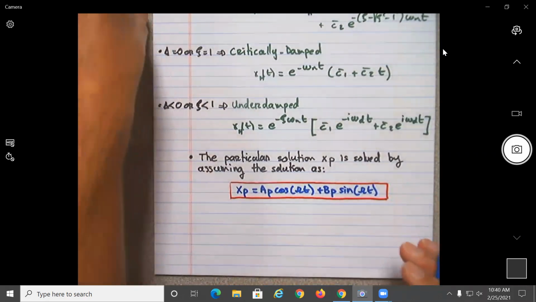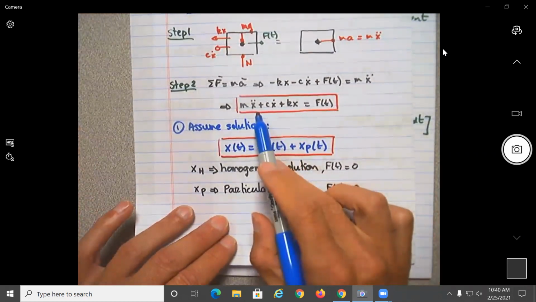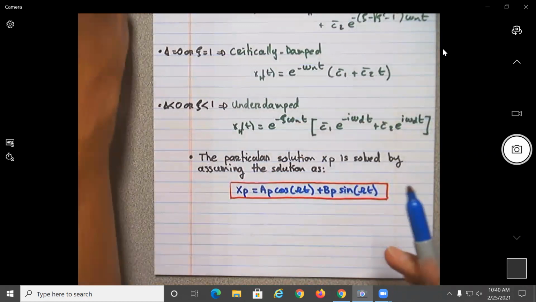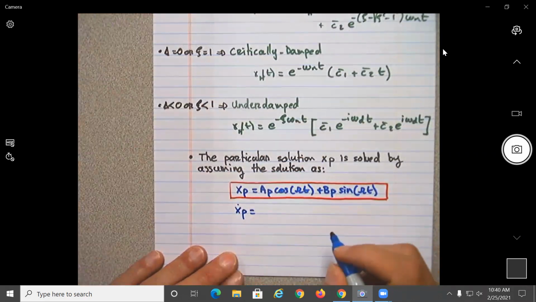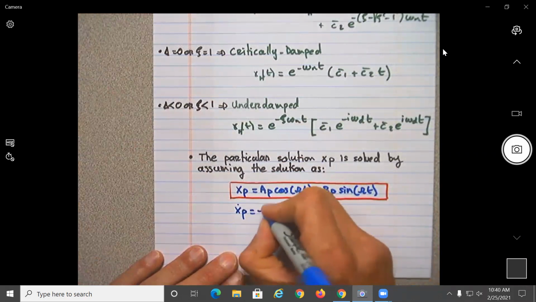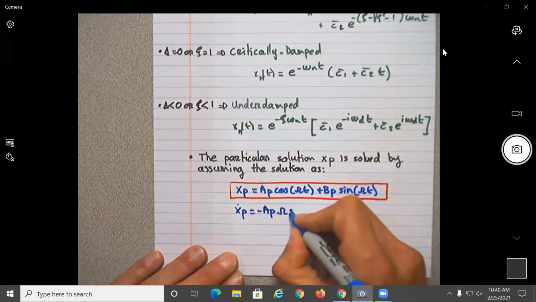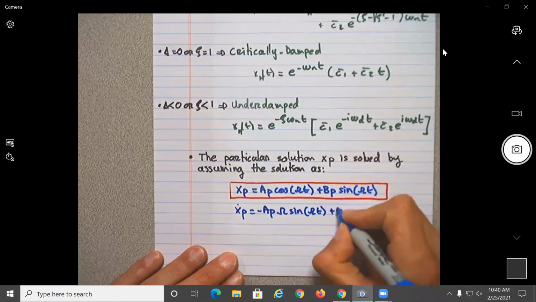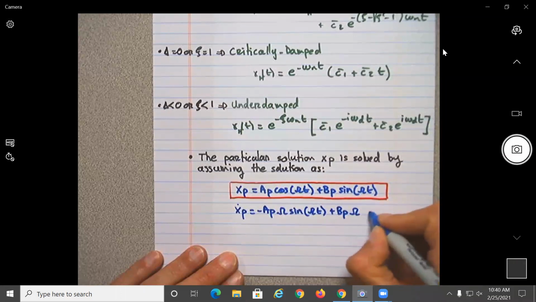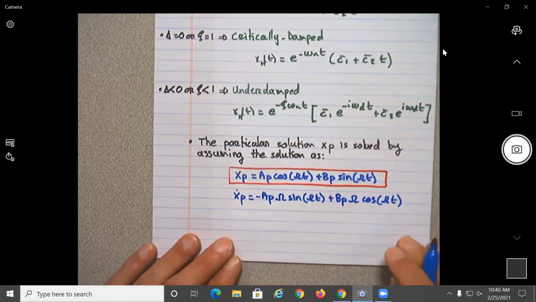Okay, so our equation has what? x dot and x double dot, no? So if you want, let's do it in detail. In this case, x dot p will be equal to minus a of p omega sine omega t plus b of p omega cosine omega t.